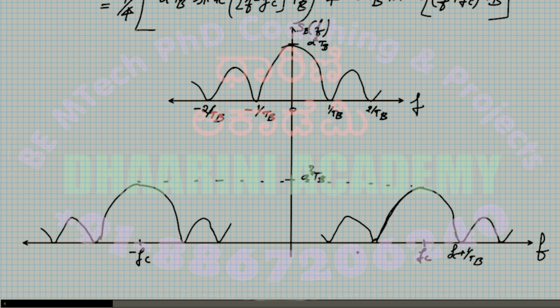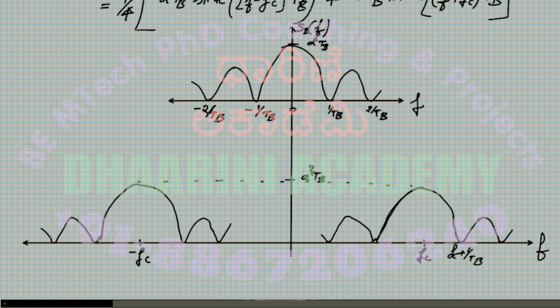So this becomes FC minus 1 by TB, the point on the left side of FC.